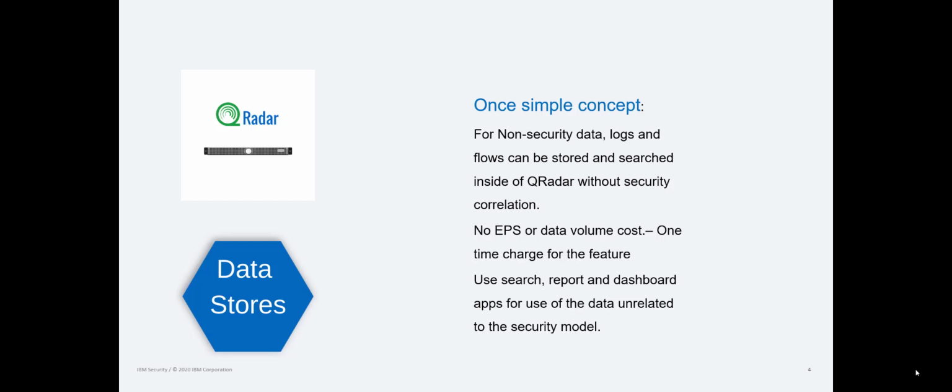So you could add a data stores license to that and grab any of these log files that are not going to be security valid so that you can store them all in the same place. They have the same search interface, the same look and feel, all of that good stuff, right? So this allows you to make that value judgment about high value and low value logs in your environment and what works best.